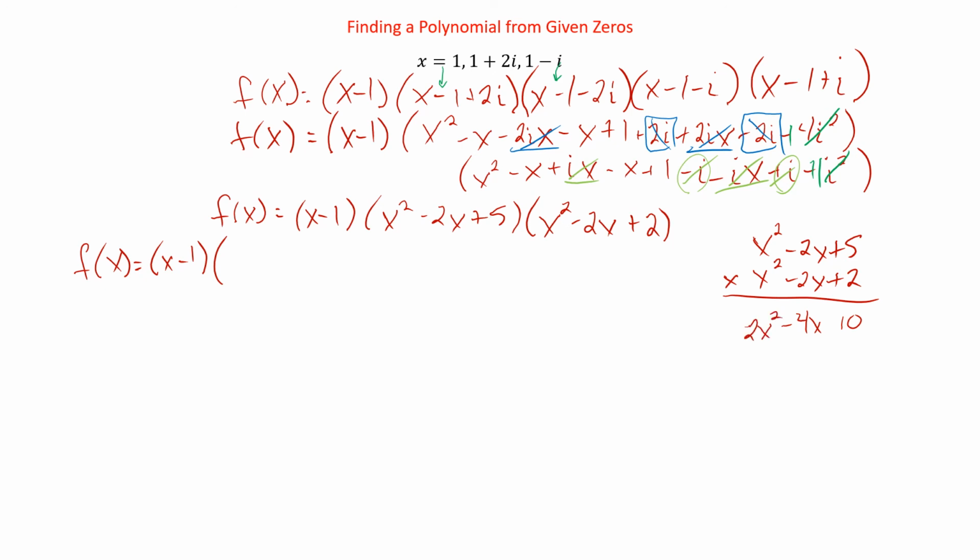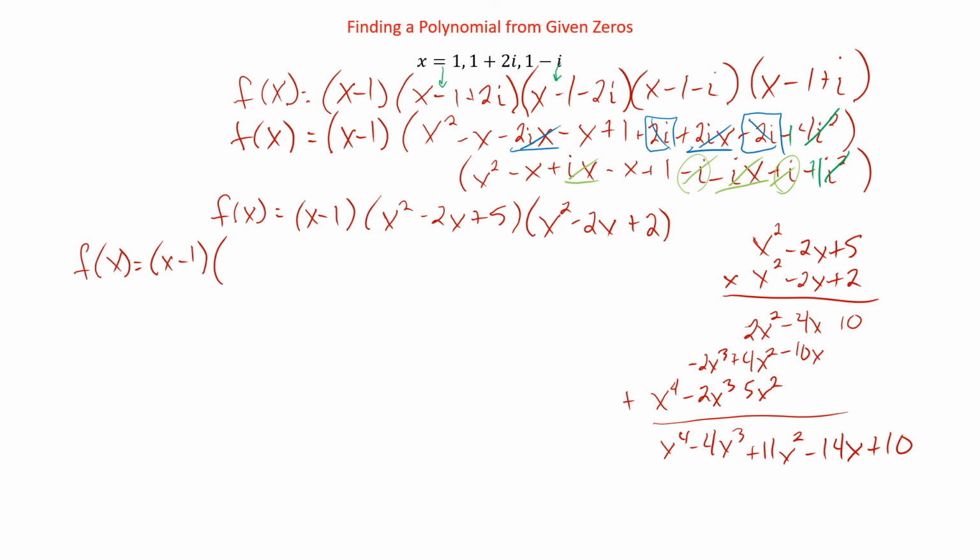Then we'll multiply by negative 2x, so that'll be a negative 10x plus 4x squared minus 2x cubed. And then multiply by x squared, so we have 5x squared minus 2x cubed plus x to the fourth. We can add all this together to get x to the fourth minus 4x cubed plus 11x squared minus 14x plus 10.